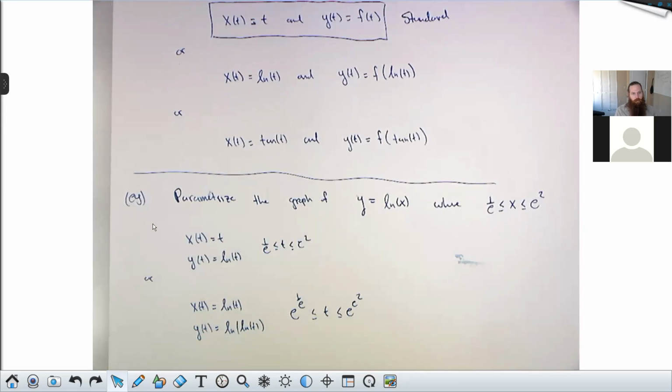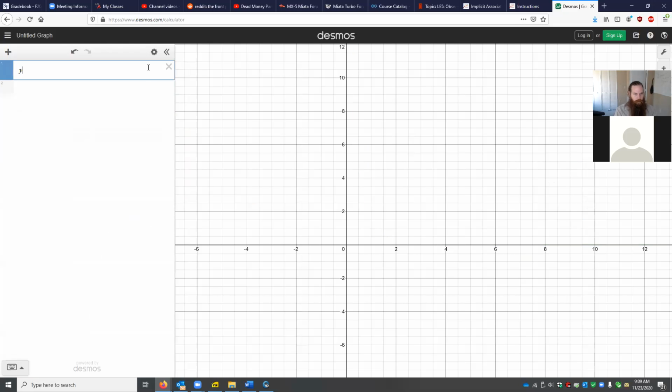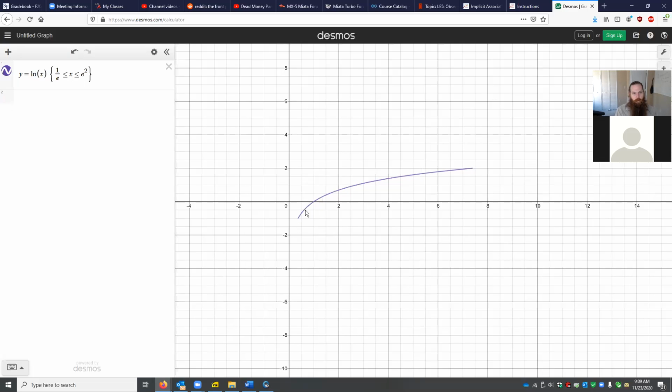Let me just for fun start with this one. I'll show you in Desmos. We'll begin with the curve that we know we want, which is y equals ln x. And I said we were going to pay attention to the interval 1 over e is less than or equal to x is less than or equal to e squared. So here's the portion of the curve I'm trying to parametrize.